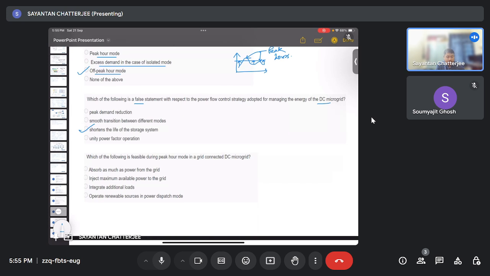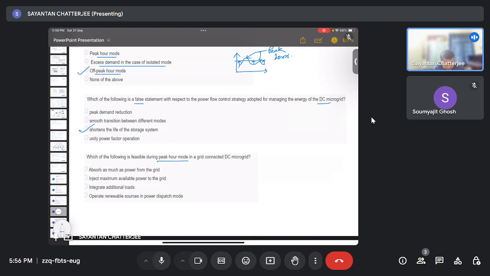Which of the following is feasible during the peak hour mode in the grid connected DC microgrid? Absorb as much power from the grid. Inject maximum available power to the grid. Integrate additional loads.